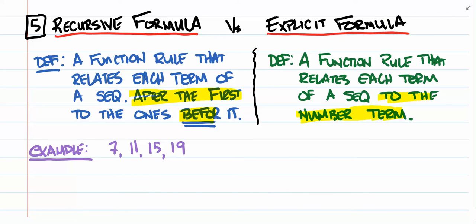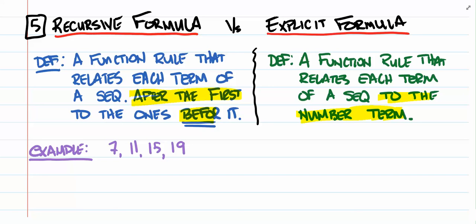In box 5, we learned that there are 2 different ways that we could write arithmetic sequences. We could write them using a recursive formula, or we could write them using an explicit formula. This is a very important box to understand.